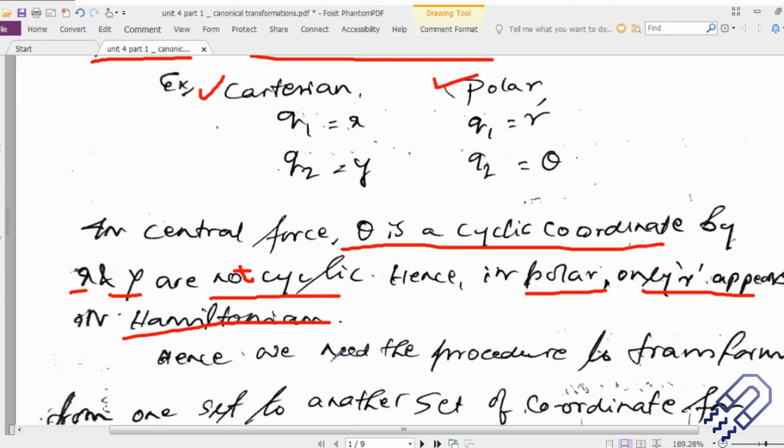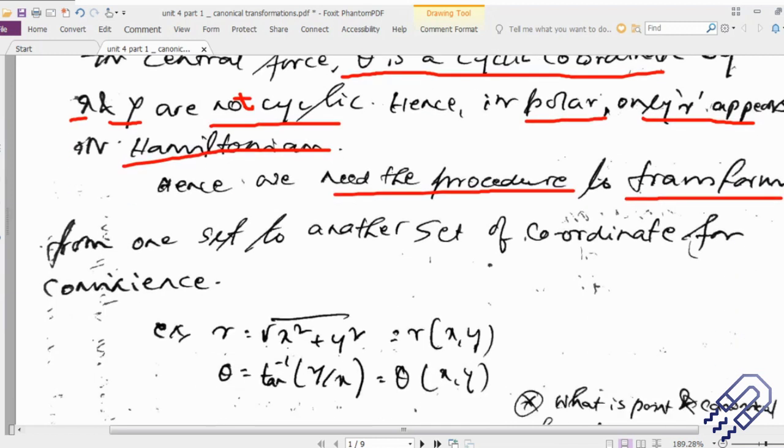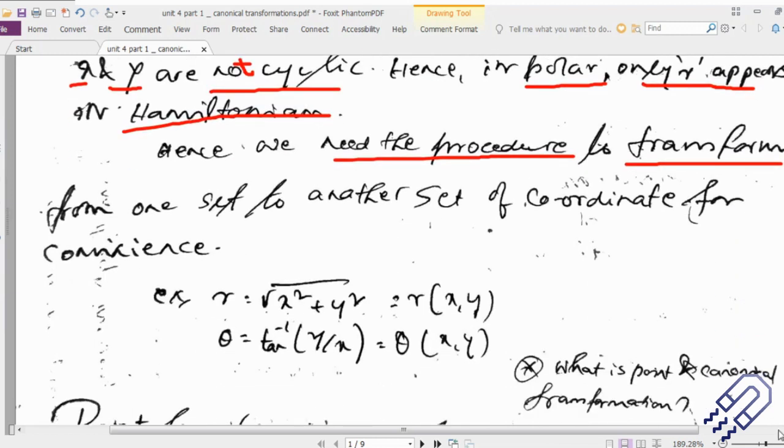So what we need is a procedure to transform from one system of coordinates to another. If I want to transform from Cartesian coordinates to polar coordinates, I need to do some mathematical steps. If we remember our high school, r is nothing but the position coordinate of a point. That position coordinate can be represented in terms of x and y.